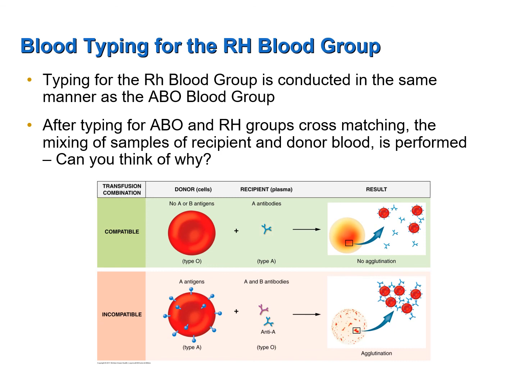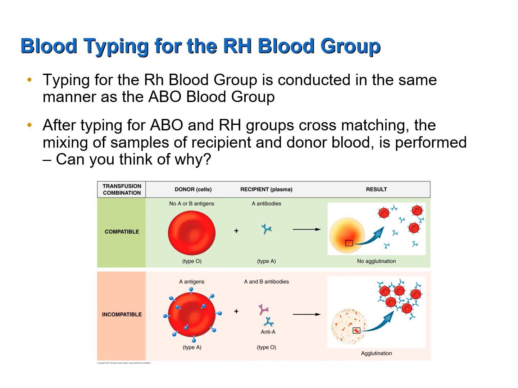Why do you think we do cross-matching after typing both the ABO and Rh blood groups? Well, there are two reasons. First, there could have been errors made when typing the ABO and Rh groups in the donor or the recipient blood samples. Second, if you recall, I said there are about 30 different groups of antigens that are present on the red blood cells.